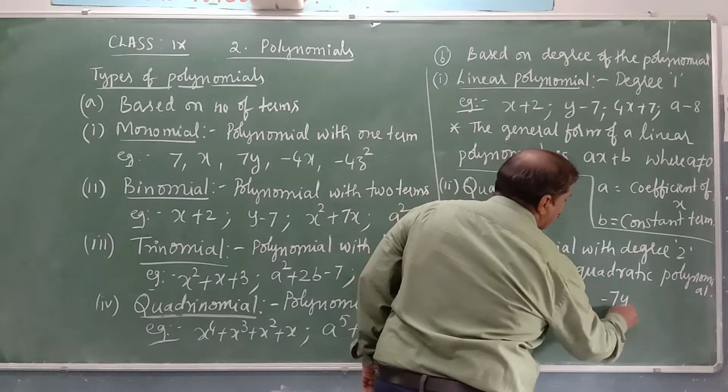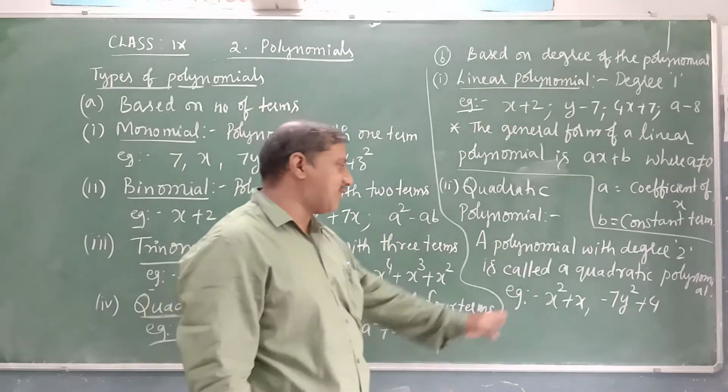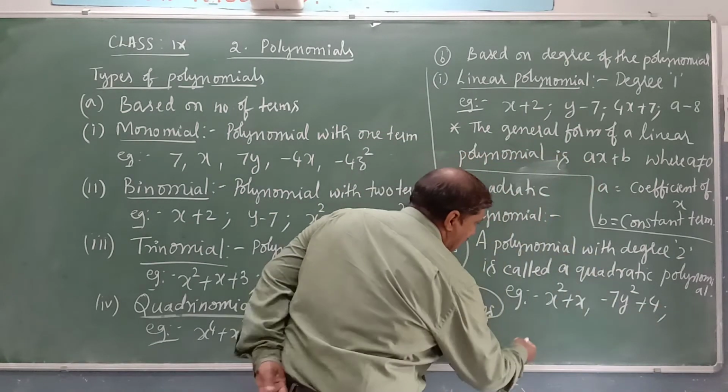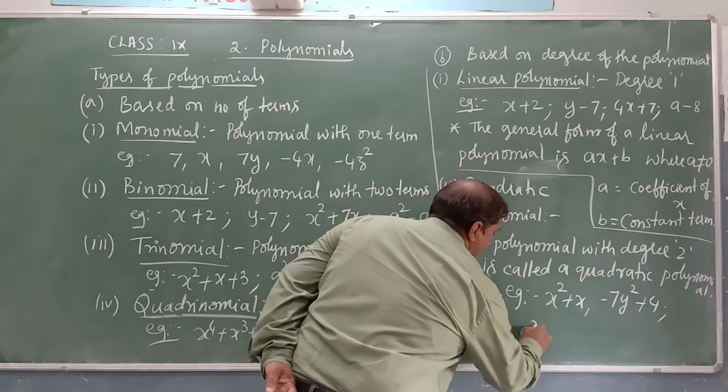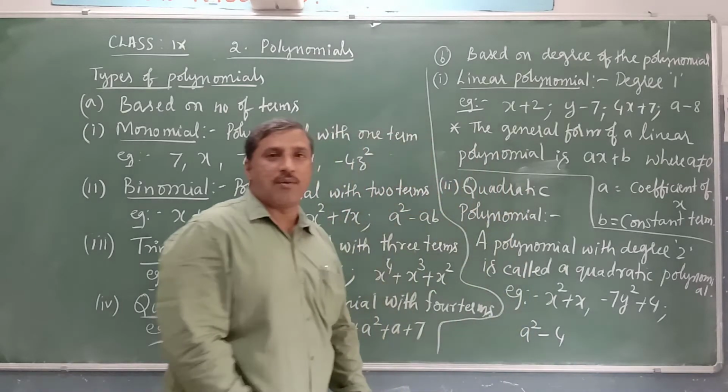Minus 7y square plus 4, this is also a quadratic polynomial with the highest power 2. And not only that, a square minus 4 is also a quadratic polynomial.